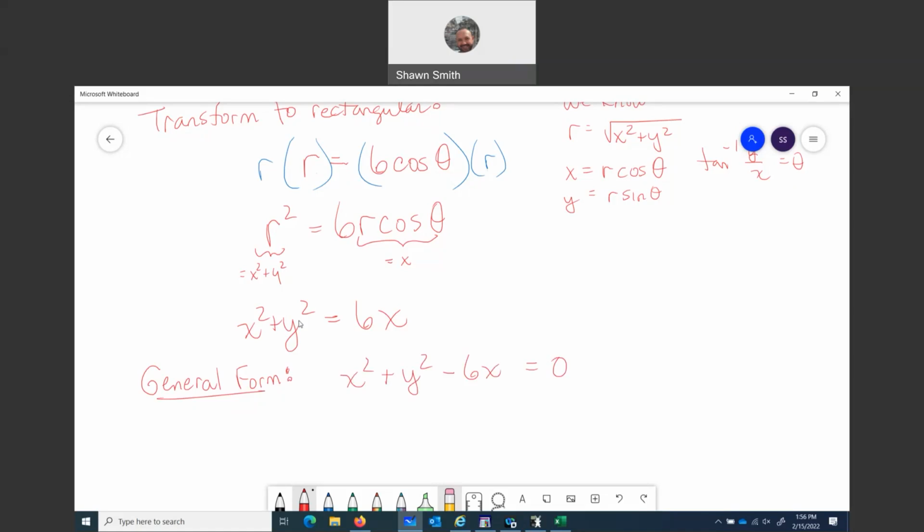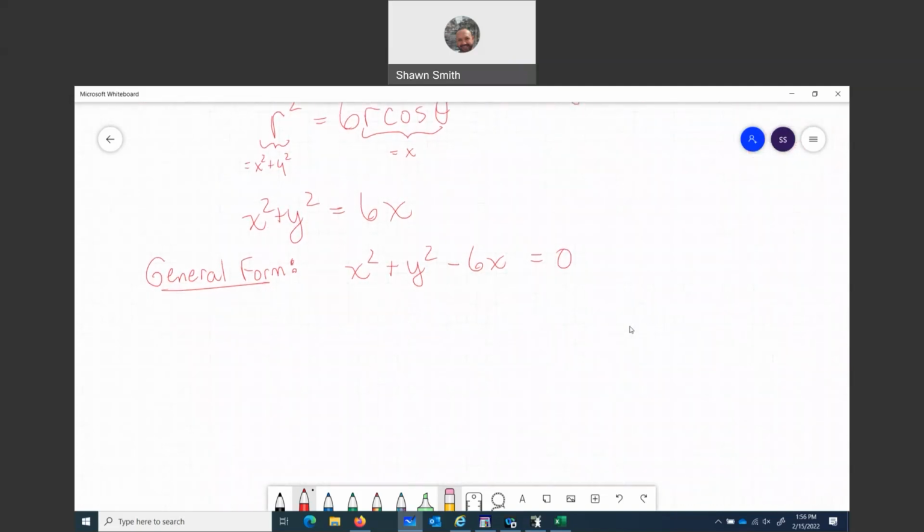Now I can go a little bit further. You're probably saying, okay, how can I go any further with this? Just putting it in a format where you're looking at an equation and say, oh, I recognize what that equation's graph would be. You remember completing the square? Vaguely. Okay, so we're going to group the x terms together.